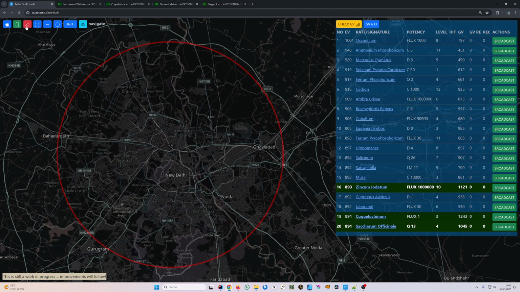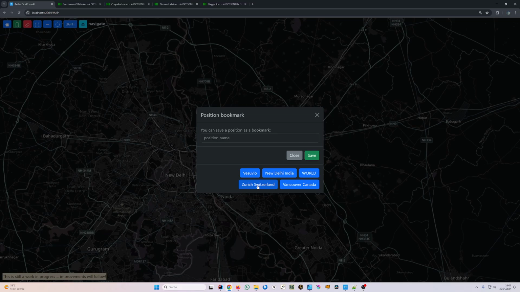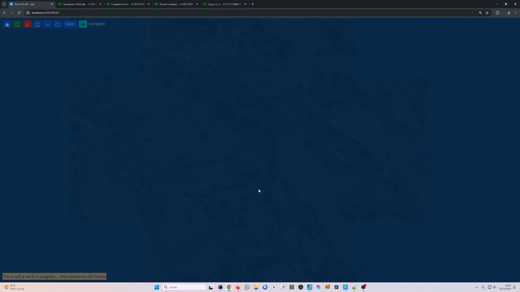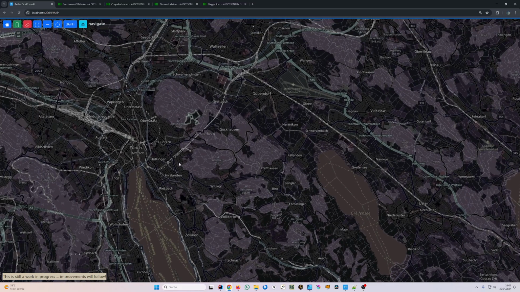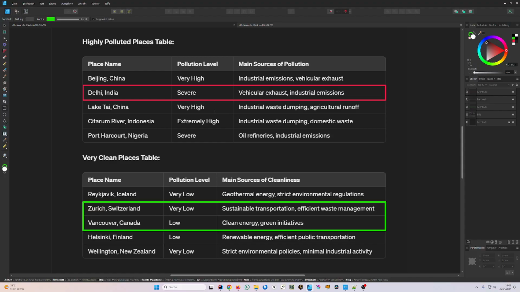Now let's go to another bookmark, for example Switzerland, Zurich. And Zurich is a city which was, let's take a look again at what ChatGPT wrote. It has sustainable transportation, efficient waste management, in contrast to New Delhi, which has a lot of vehicular exhaust and industrial emissions.